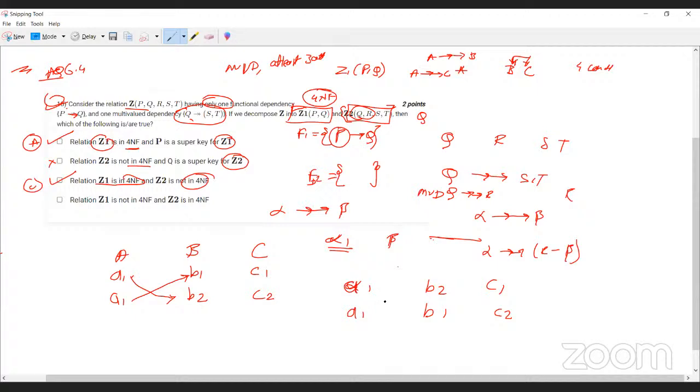Yes, sir. So what is this condition? There are four conditions for MVD, right?